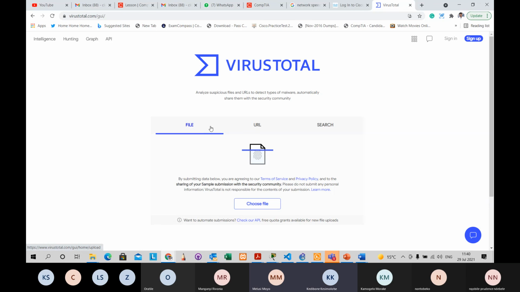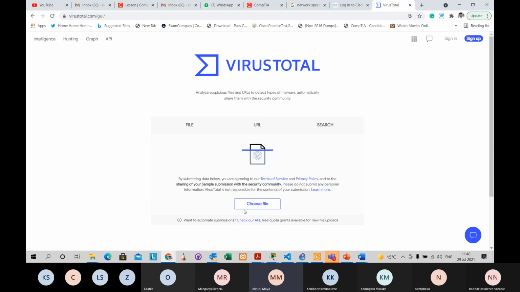All right, okay, so here's VirusTotal. This is a free tool that you can use before you install any application or any software on your machine. You can test it using VirusTotal. VirusTotal is a tool that uses different antivirus software. For example, let me show you what I mean.